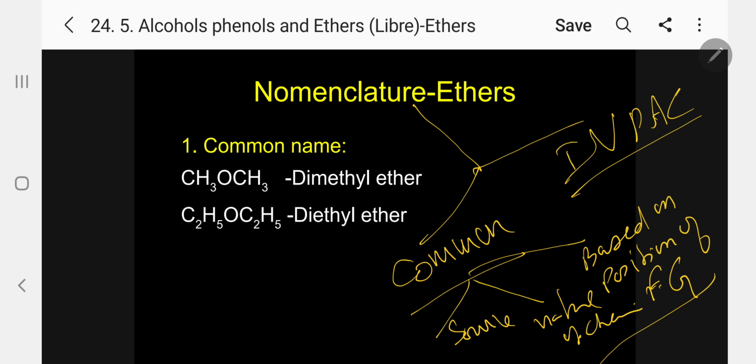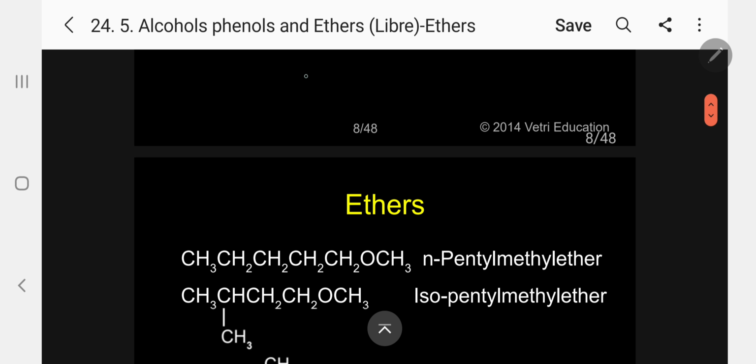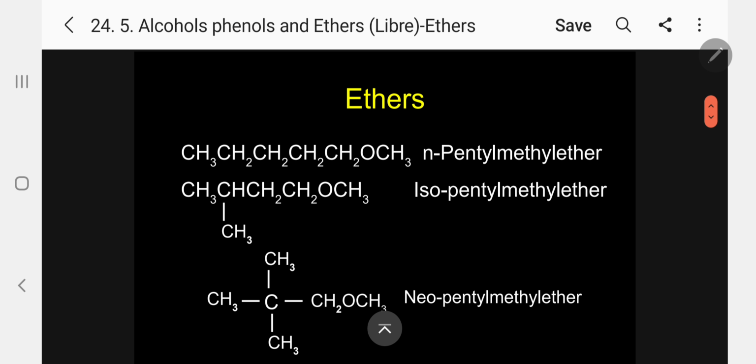The source simply will give the common name, dimethyl ether, a specific example. Based on the nature of chain, kindly follow the example. This is N-pentyl methyl ether. The left side 5, right side 1 between the oxygen atom. Kindly note, others are both sides of the oxygen atom.